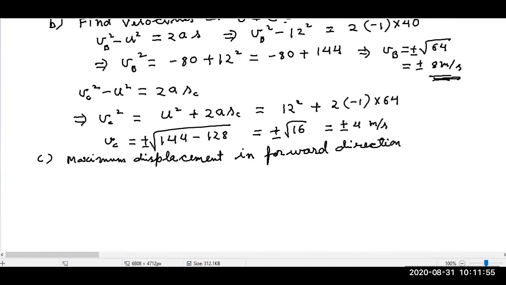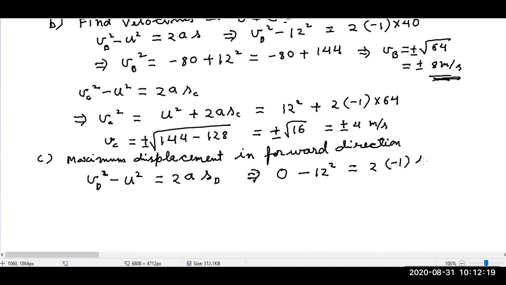So we can use the same formula, VD square minus U square equal to 2ASD. So what we are going to use is VD will be 0 this time because the particle is going to stop there, and U is 12, acceleration is -1, and SD.